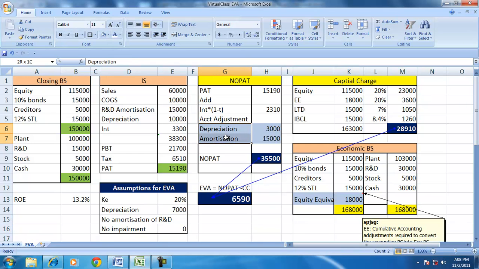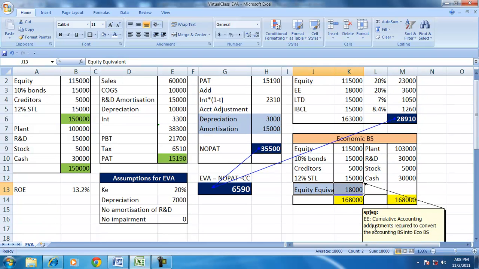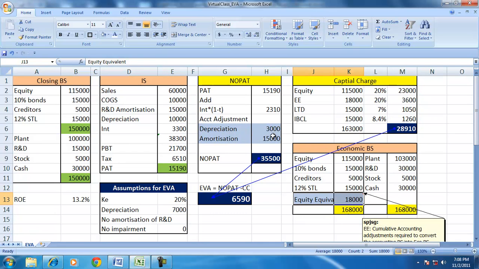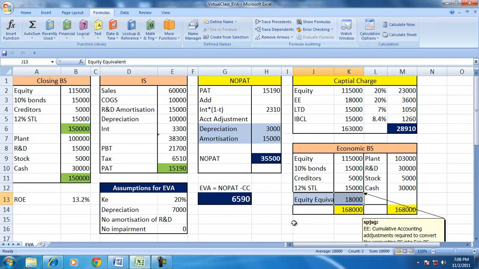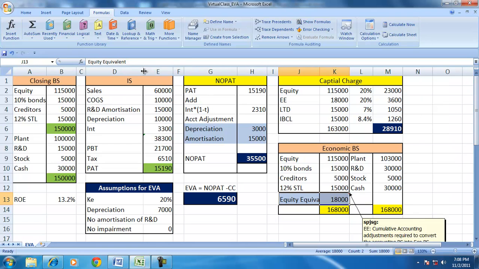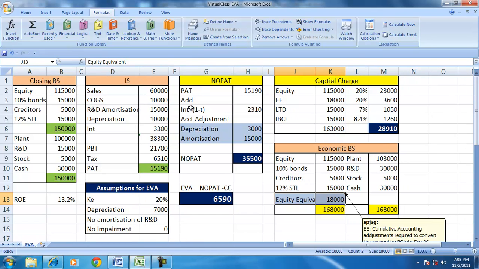The accounting adjustments while computing the profit are the adjustments for the period, whereas in the balance sheet they are the adjustments up to the period, a cumulative accounting adjustment. But since this is the first year we are calculating, the accounting adjustments in the balance sheet are equal to the accounting adjustments in the income statement, or adjustments to the NOPAT. The adjustments here are with respect to amortization and impairment.